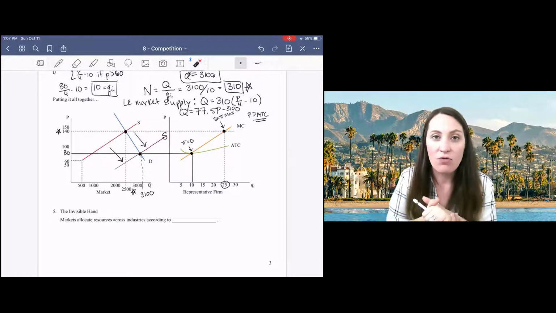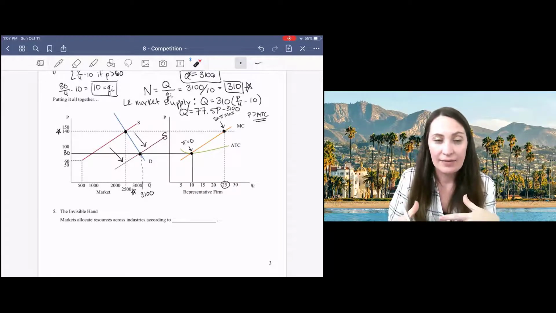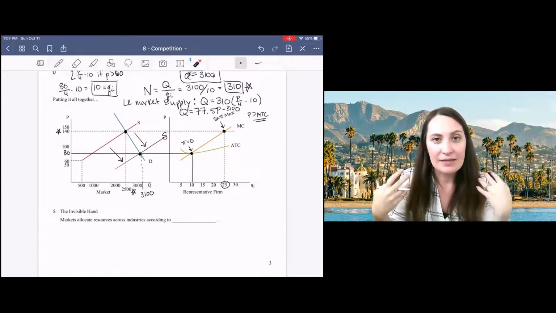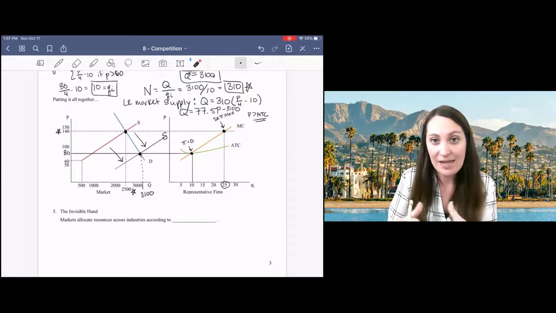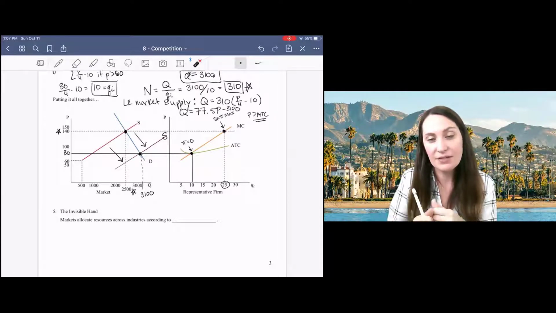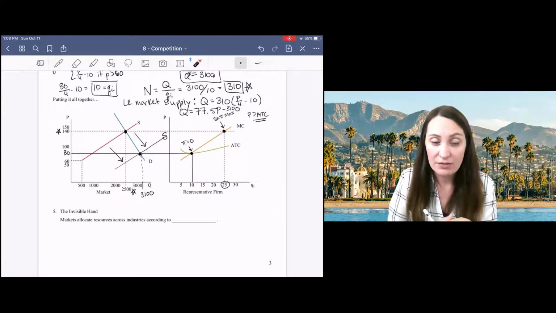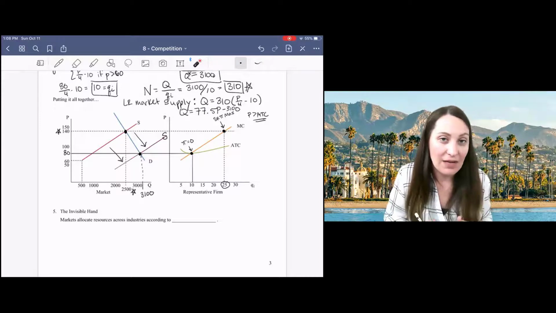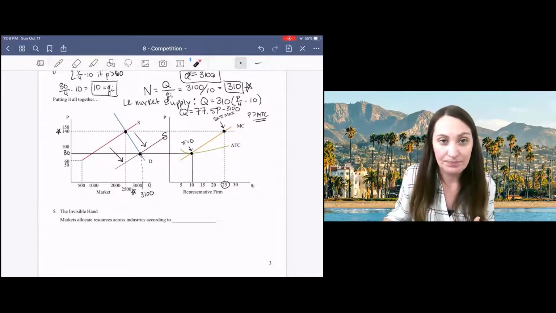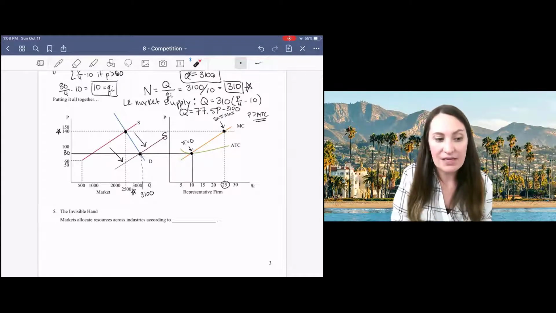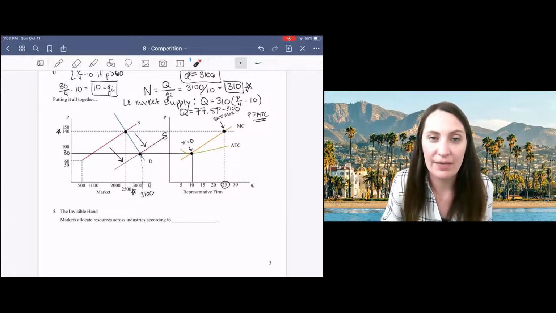So if demand for a product is really high or goes up, the price will be high, and firms will then come into that market seeking above average returns to produce what consumers want. On the flip side, if demand is low, firms are going to leave that market seeking higher returns elsewhere. And our markets allocate resources across industries in response to consumer demand.